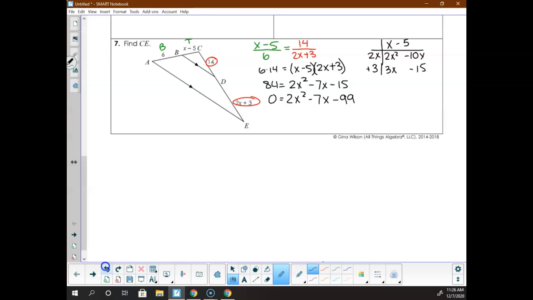So now I'm going to go through all the factoring by grouping stuff. Normally what we've had is a was just 1. This time it's 2. So I need to multiply 2 times 99 so I can figure out all the factor pairs I need. 2 times 99 gives me 198. And remember, I'm looking for factor pairs that will get me to 7 in some way, shape, or form.